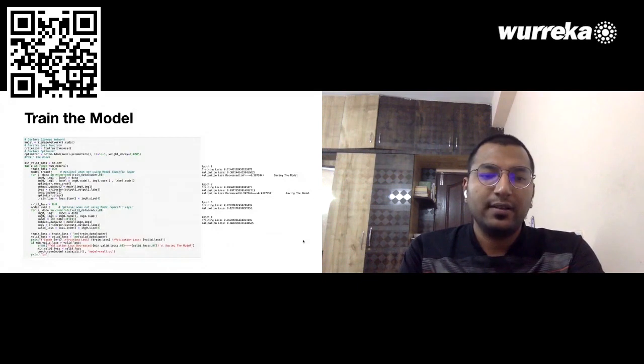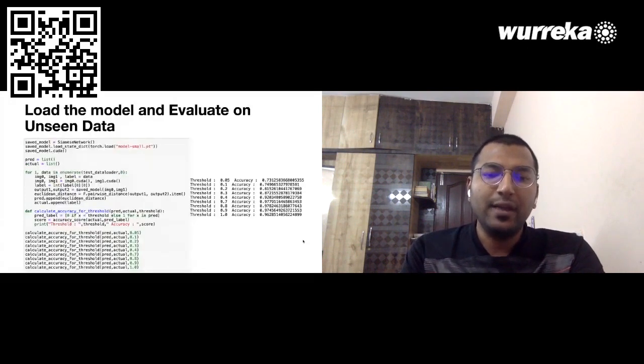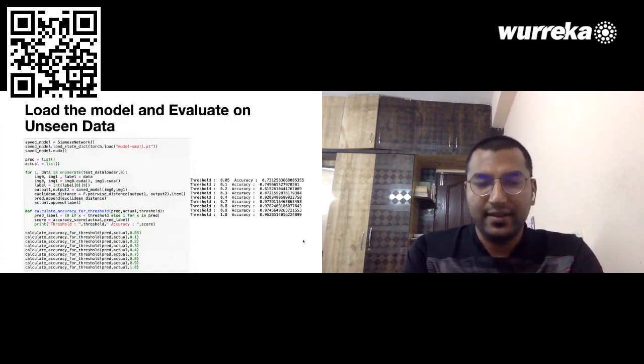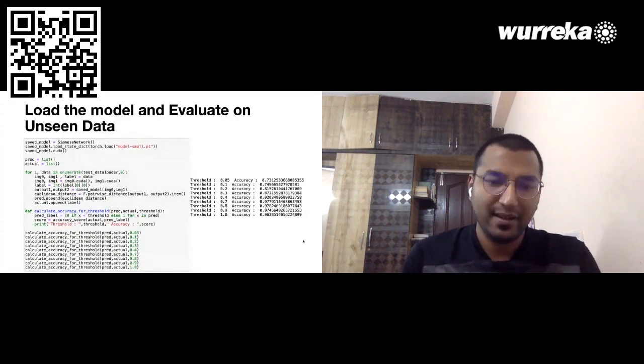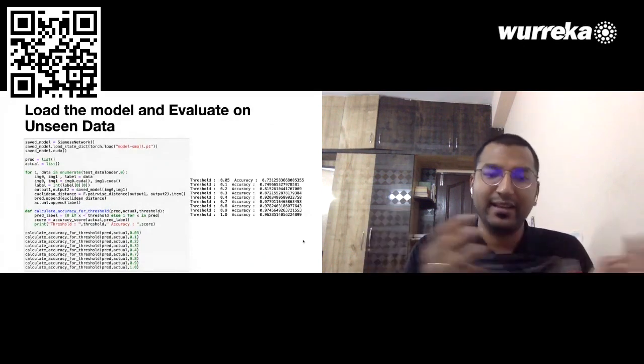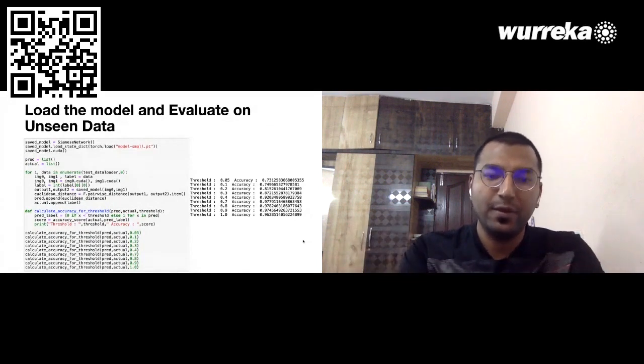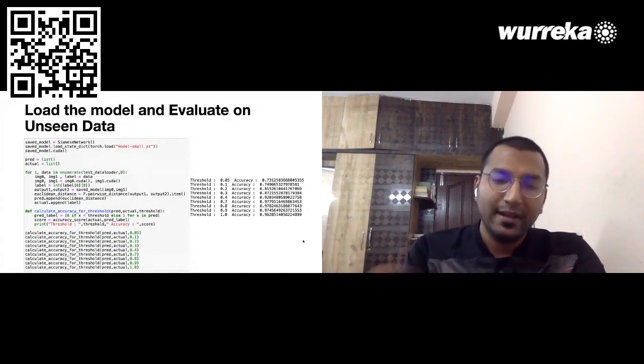Now for an unseen data pair, we'll get some dissimilarity score. Now we have to decide which threshold to choose to qualify a pair of signatures as similar or dissimilar, or genuine or forged. Here are the results that you are seeing. This particular result is for the test data set, which has nothing to do with the training or the validation, and we were just checking which threshold values make sense.